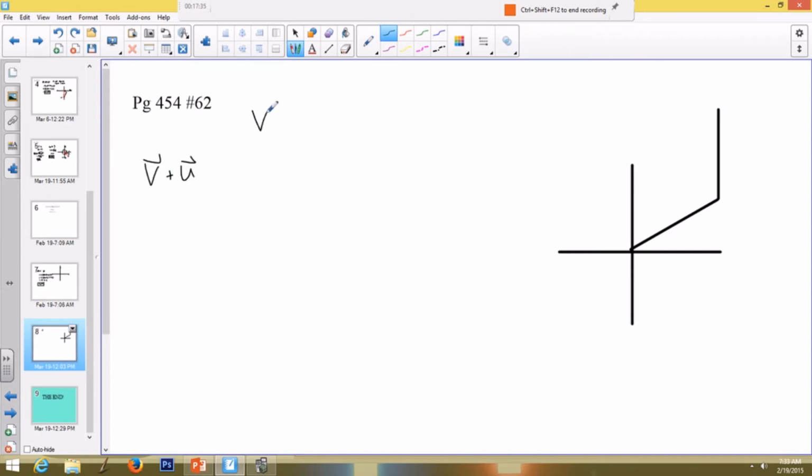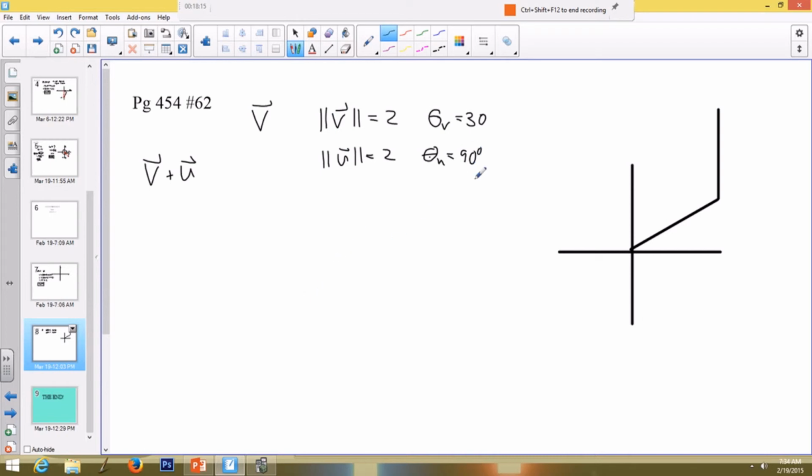In this case, v has a magnitude of 2 and an angle of 30 degrees, and u also has a magnitude of 2, and its angle is 90 degrees.